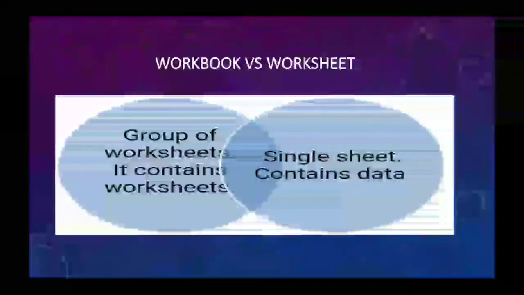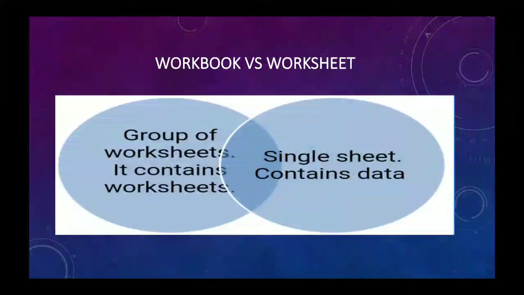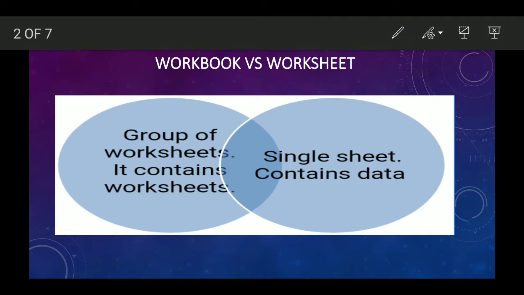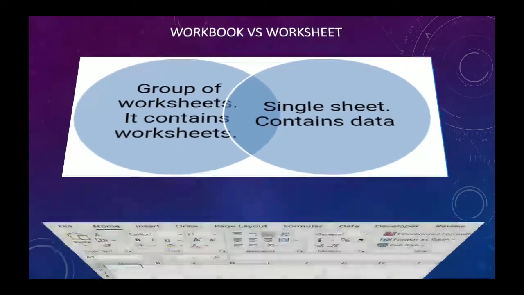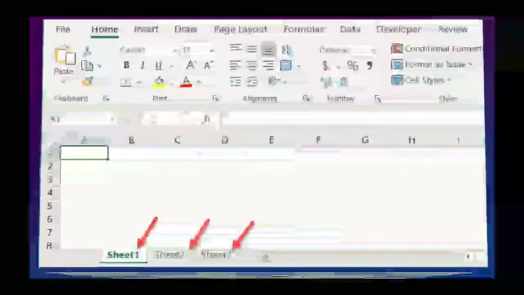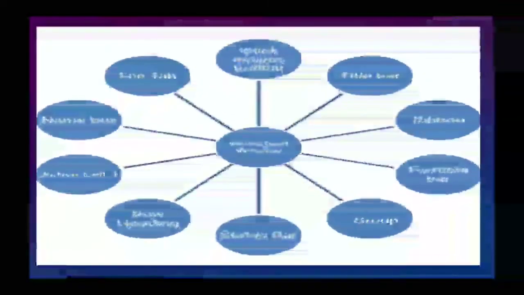Here we have different kinds of diagrams. For example, we will have Venn diagrams that we have in front of us, and next diagram, that is bubble chart.